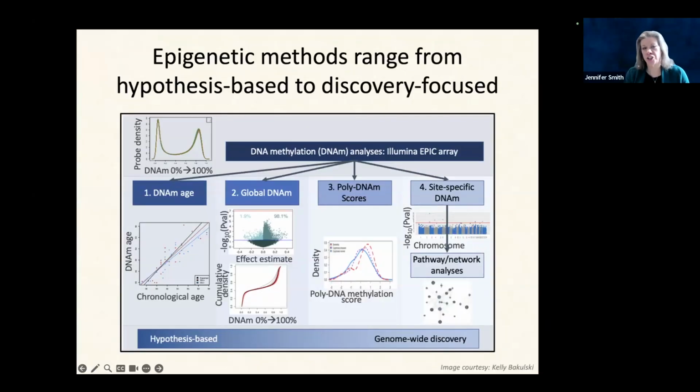There's a lot of different epigenetic methods. We're going to talk about a lot of these, from hypothesis-based to discovery-focused. Summary measures, global measures, scores, and site-specific pieces. We're going to talk about all of these.